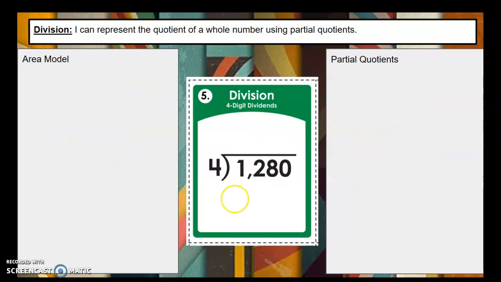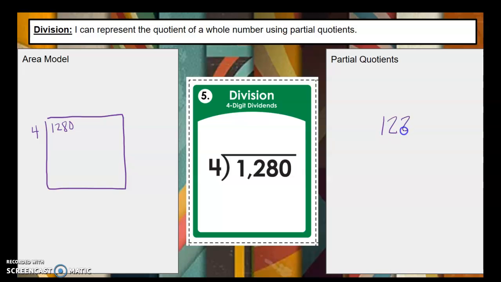All right, so we have 1,000. Let's draw my model. And I'm going to do these at the same time, okay? 1,280 divided by 4. All right, so we need to do a T-chart for our 4s.